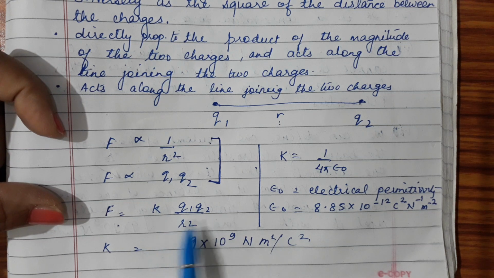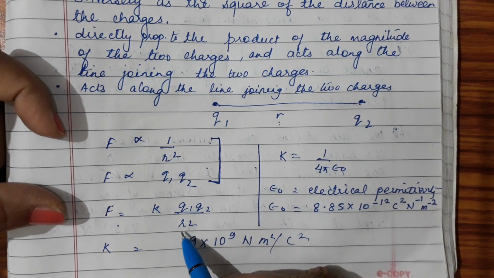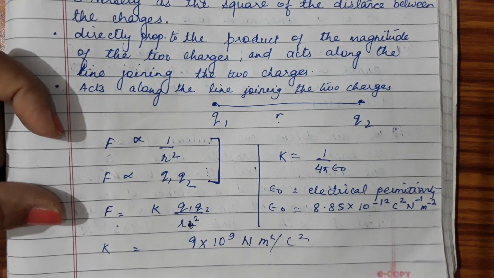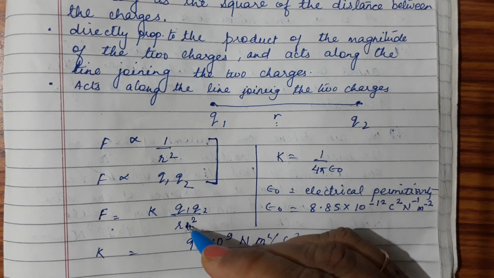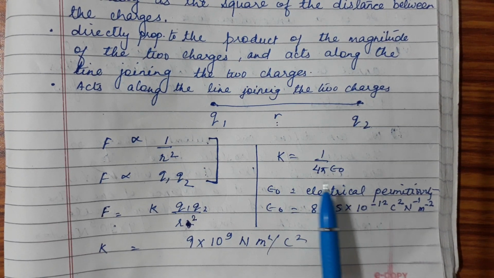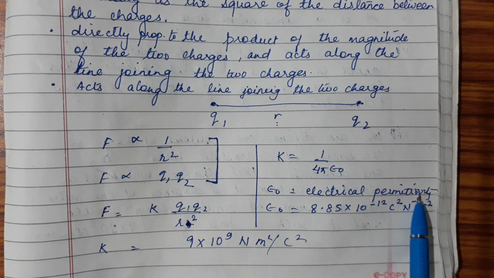So F = K Q1 Q2 / r². K = 1/(4π ε0), where ε0 is the electrical permittivity.